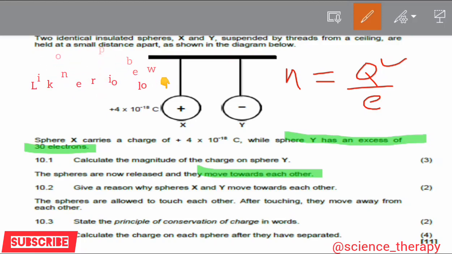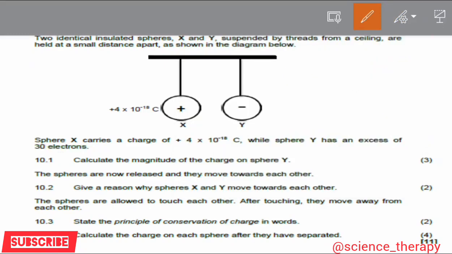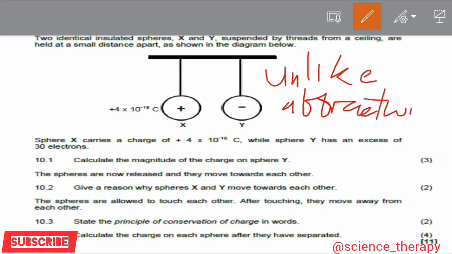Now you will understand that we said if the charges are not the same, if we have unlike charges, we will always have attraction, right? But if the charges are the same, for like charges, let's say we have a positive and a positive, they will always repel. If also we have a negative and a negative, they will repel.